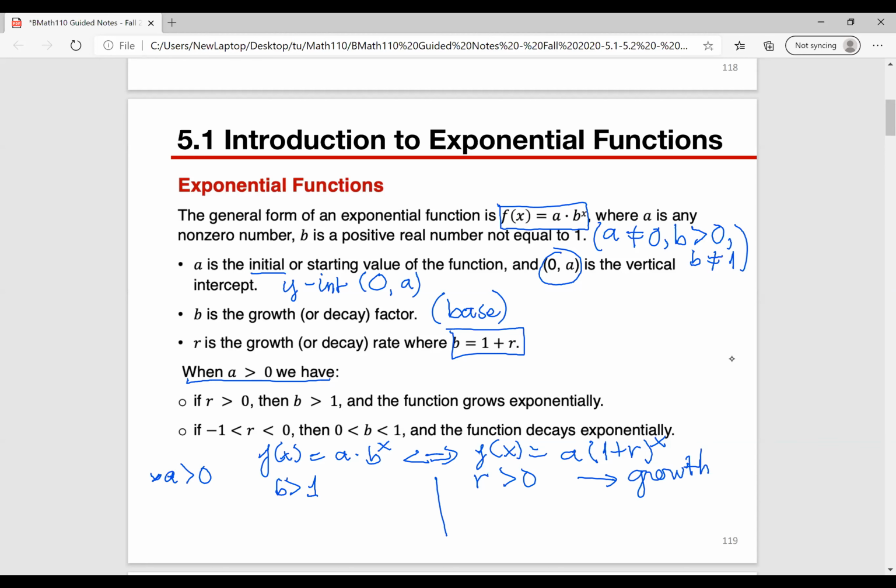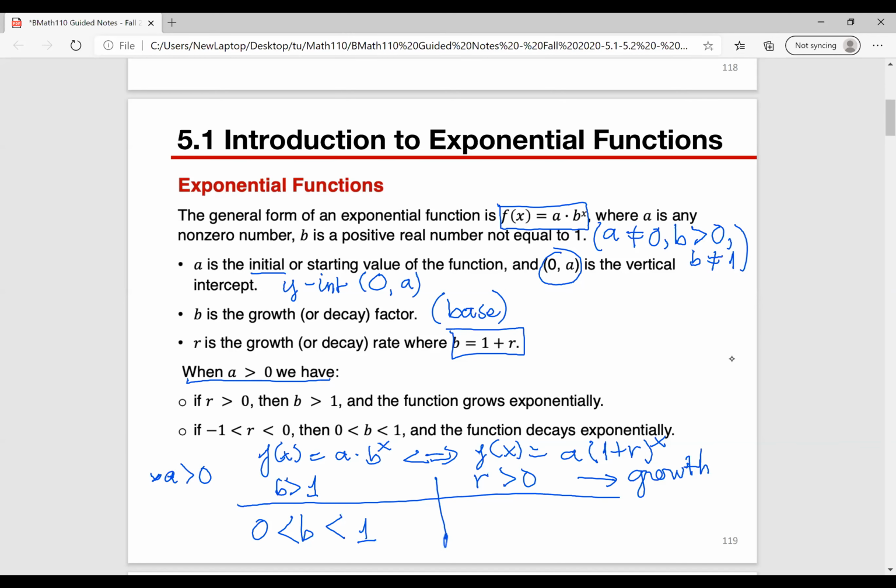Okay. And another case is if b is in between 0 and 1, such as 0.2, 0.5, 1/2, something like that, right?